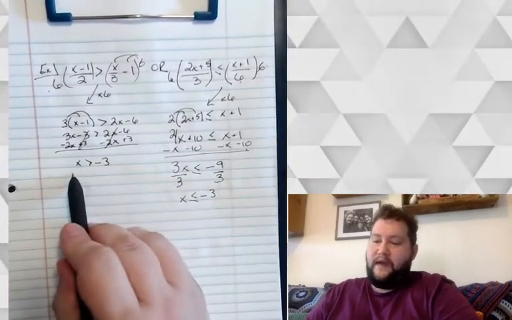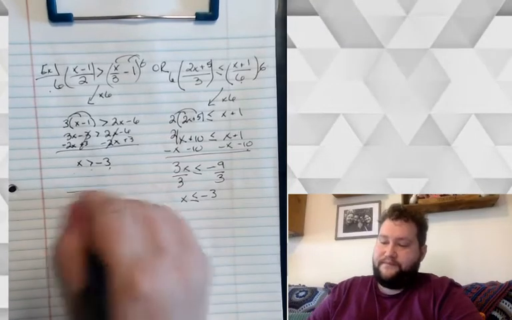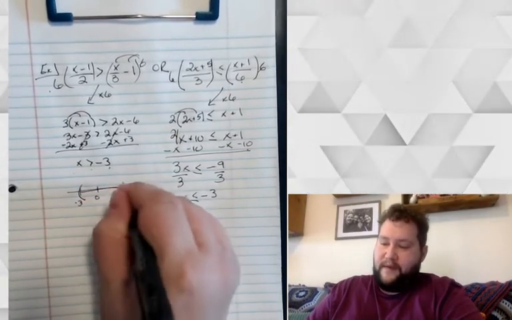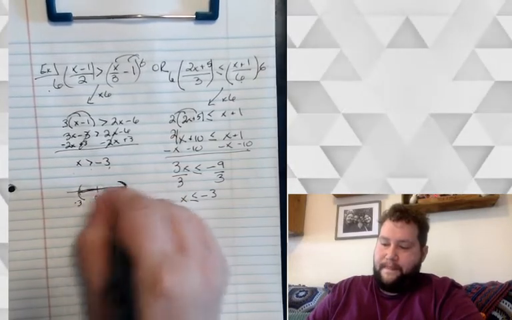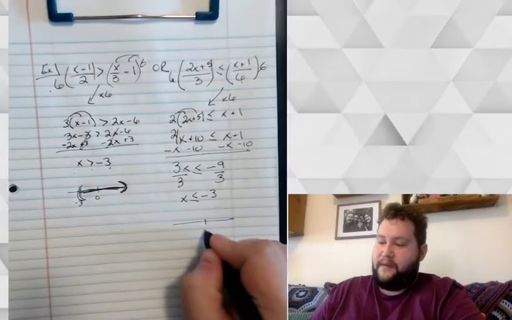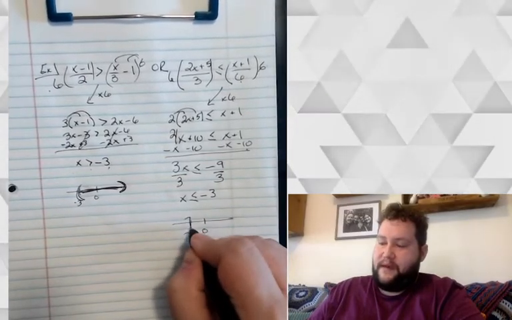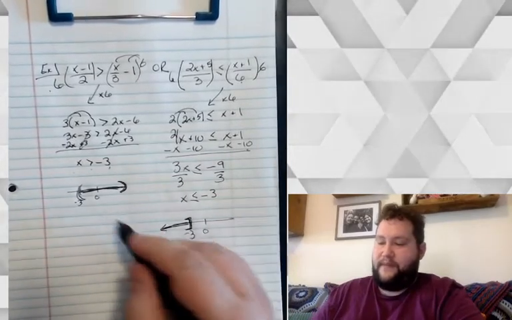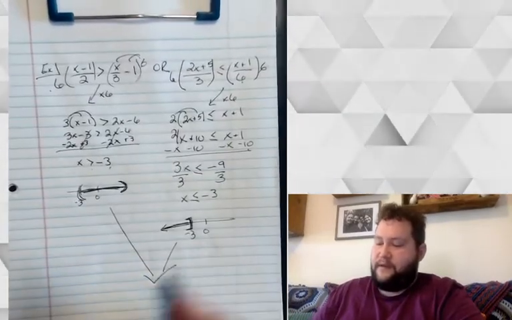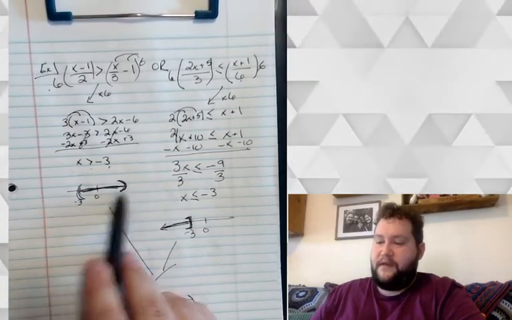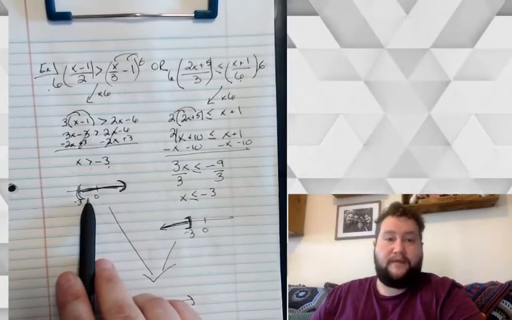So here we have x greater than negative 3. 0, negative 3. We have a parenthesis going that away. And x less than or equal to negative 3 means we have 0, negative 3, but now we have a square bracket, and this away. And if we combine both of these into one number line, well, this is everything to the right of negative 3, but not negative 3.